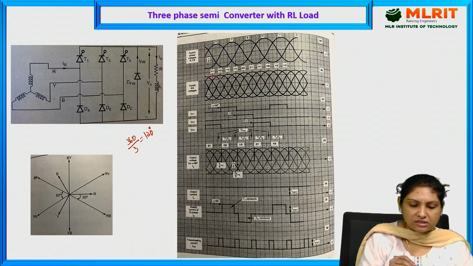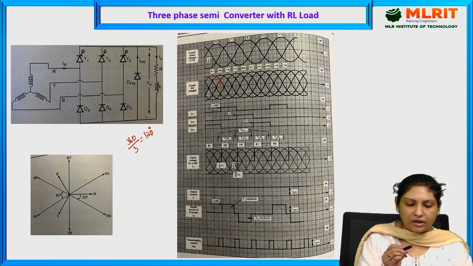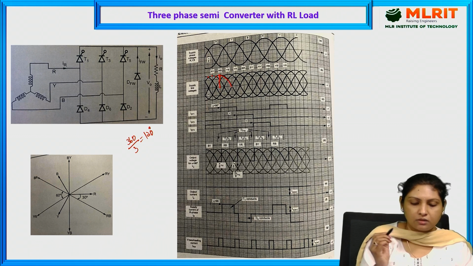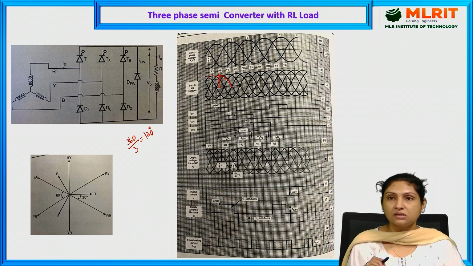So our thyristor will be able to conduct from this instant, alpha equal to 90. And how long does it conduct? Till this instant. So this is how you need to draw the output voltage waveform for alpha equal to 90.